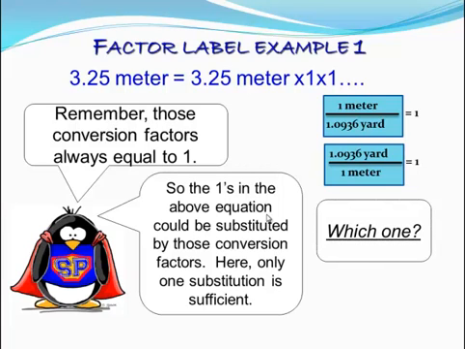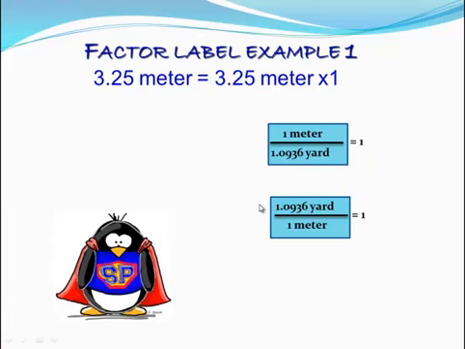So now we have 2 conversion factors, both of them equal to 1, so we can start substituting them in. The ones in the above equation could be substituted by those conversion factors. Here only one substitution is sufficient, but which one do you choose?